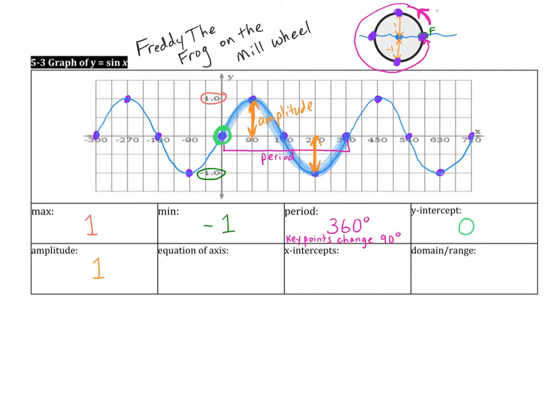The equation of the axis, that is the water line. And the water line goes along here. So the equation of the axis is at y equals 0.